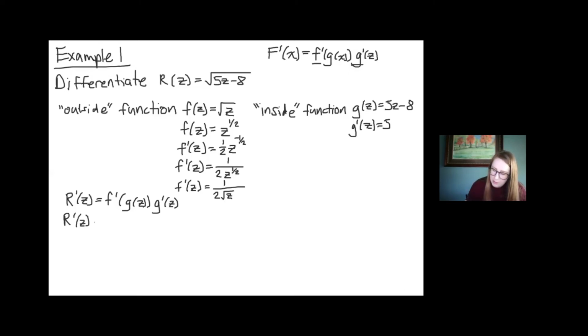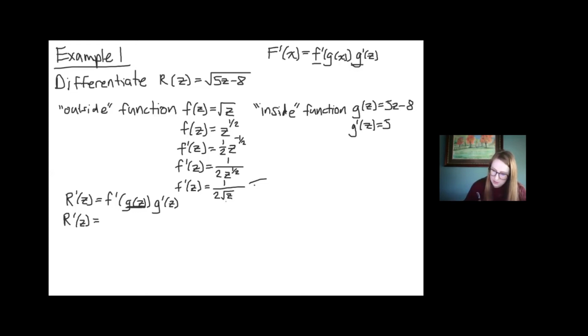So f prime is this 1 over 2 square roots of z, but instead of just z in here, we have g of z. So we're going to use f prime of z, this function, but instead of z, we're plugging in g of z.